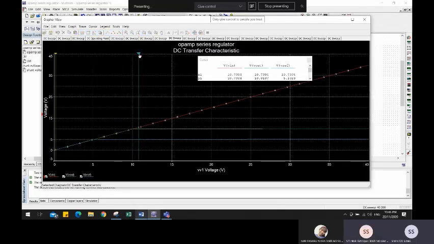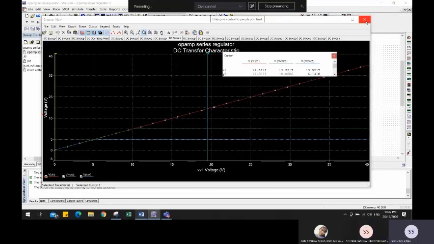But when the V in is 11, the V out maintains at 10. The reference is 5.1. If we increase the V in, the V out will still maintain around 10, and the reference also 5.1. So the output is maintained at 10 volt. So we obtain an output of 10 volt.